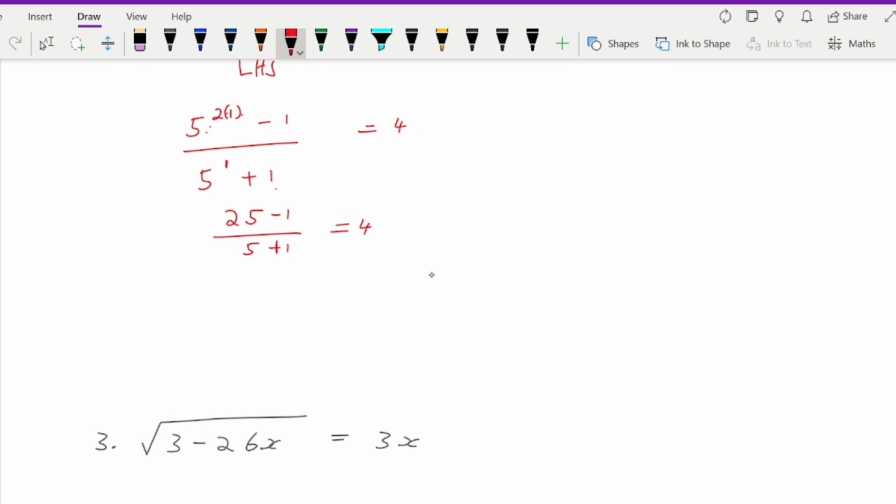So 25 minus 1 is 24, divided by 6, definitely gives us 4. So the left hand side is equal to the right hand side.